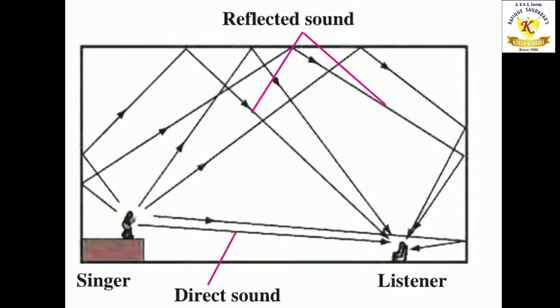So this process is called reverberation. You must have observed in your home where there is an empty room and when you speak something, the sound is getting reflected. So that is the reverberation.